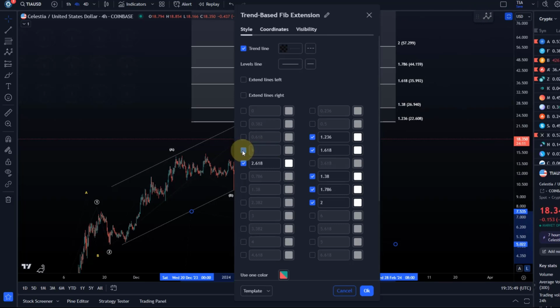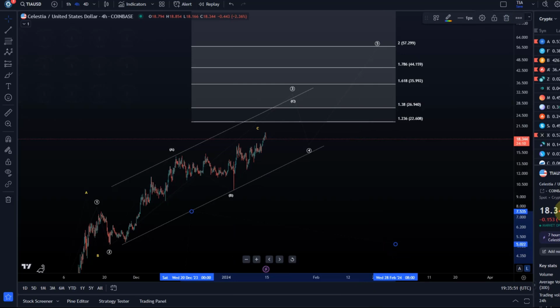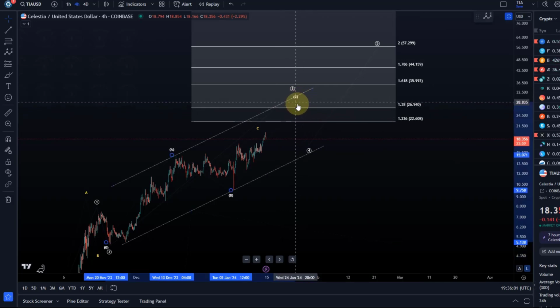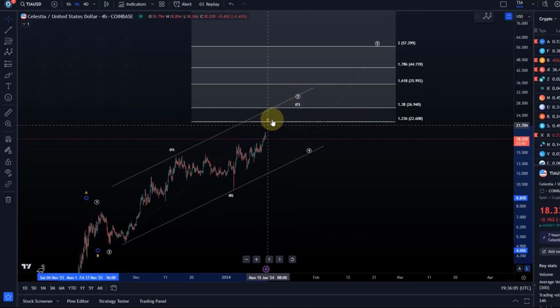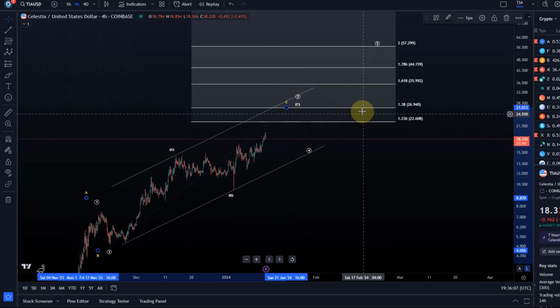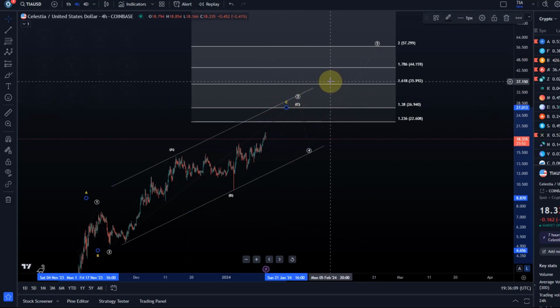So I'll take that off again, but that was already reached. We're now at $18.34. Therefore, the next main level to watch is $22.61. Above that level, $26.94. That would be a very relevant one, especially for a 3rd wave, but also a C wave can stretch to that level. And then possibly even $35.99.